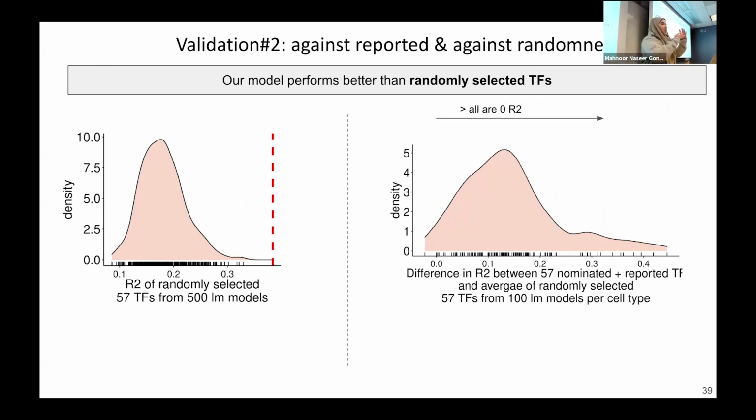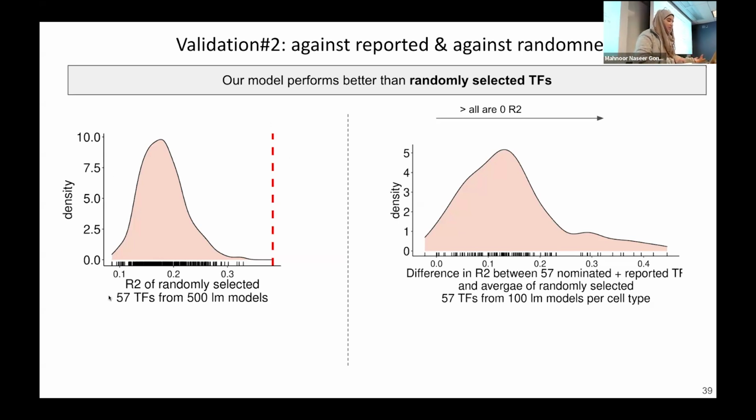So, for example, if our model has 57 transcription factors, we randomly selected 57 transcription factors, made bins out of it throughout the list of 1,300 transcription factors, removed our transcription factors from that list, made 500 different models randomly generating those transcription factors, and then see whether our model can perform better as compared to a randomly selected set.